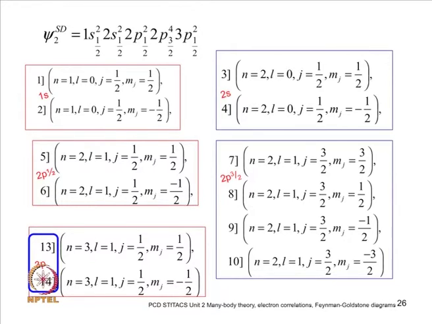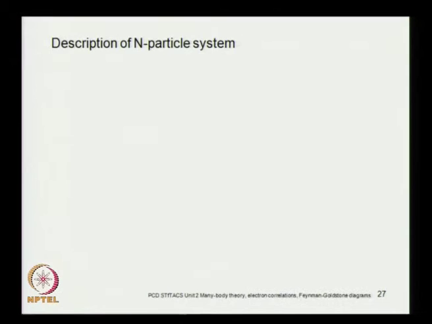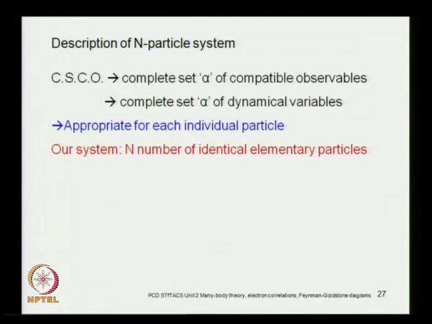And you can refer to these in terms of single particle operators, creation and destruction operators, and these are the ones which are used to describe the n particle system. Essentially you are describing them in terms of a complete set of compatible observables, okay, or eigenvalues of a complete set of commuting operators, Dirac's CSCO, and you have n number of identical particles.